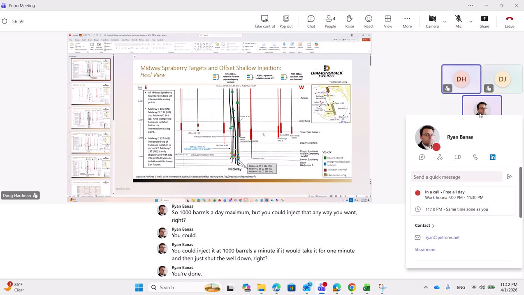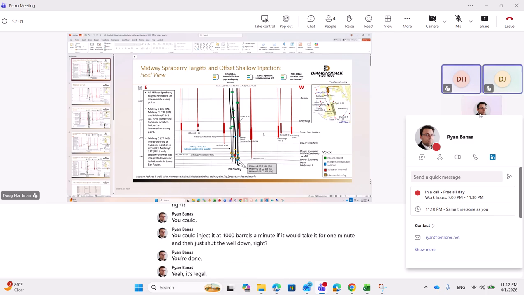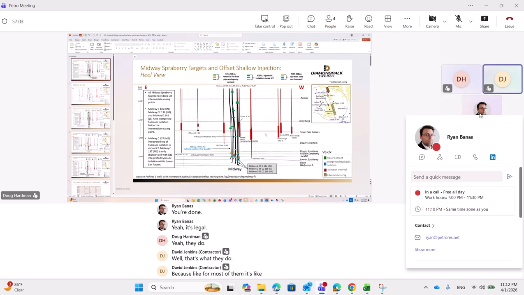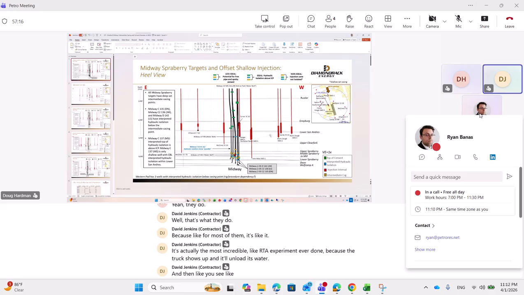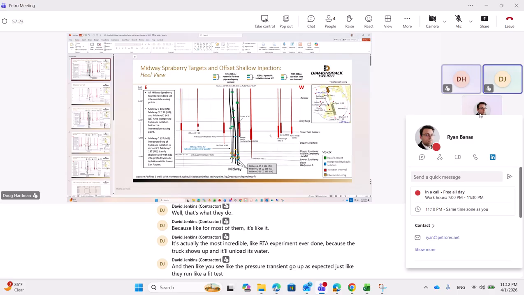You're done. That's legal. Well, that's what they do. For most of them, it's actually the most incredible RTA experiment ever done, because the truck shows up and unloads its water, and you see the pressure transient go up as expected, just like they were running a fit test. And then the truck moves on and the next one pulls up.